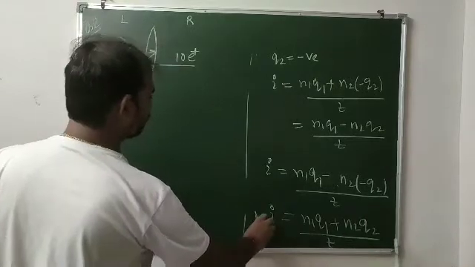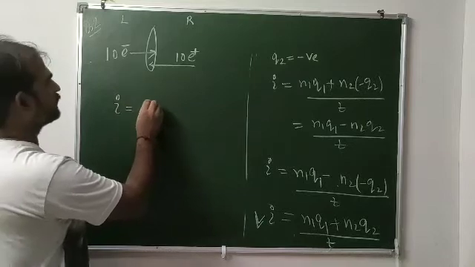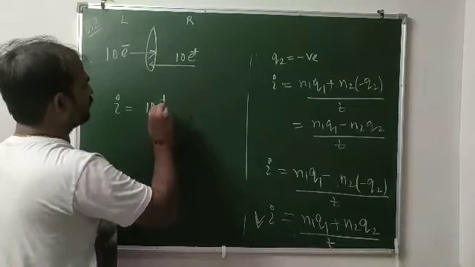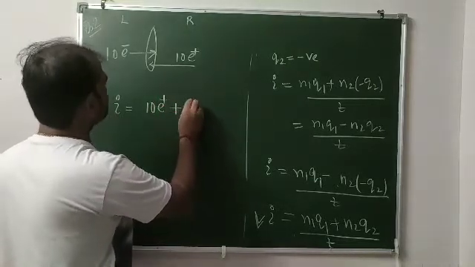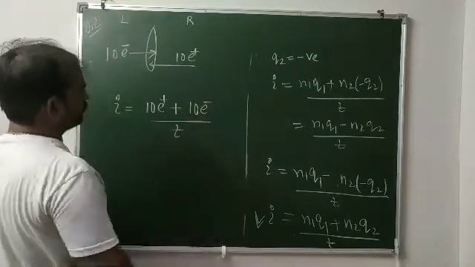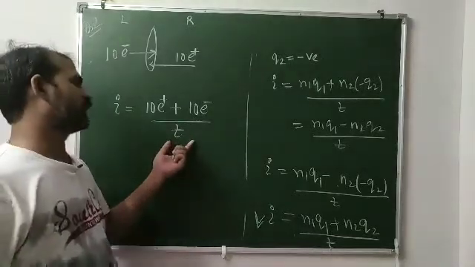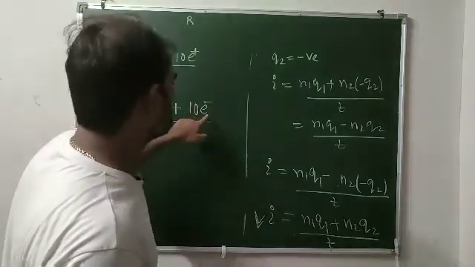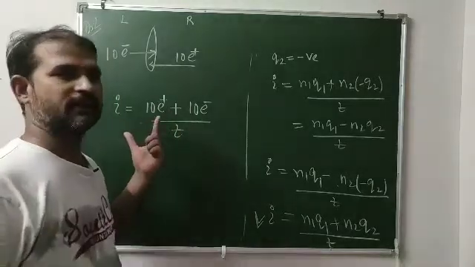This formula we will apply over here. The amount of electric current will be (10 E plus 10 E) upon T. So it will have some value. If you put the value of time and the charge on electron and charge on positron, then simply you will get the electric current.